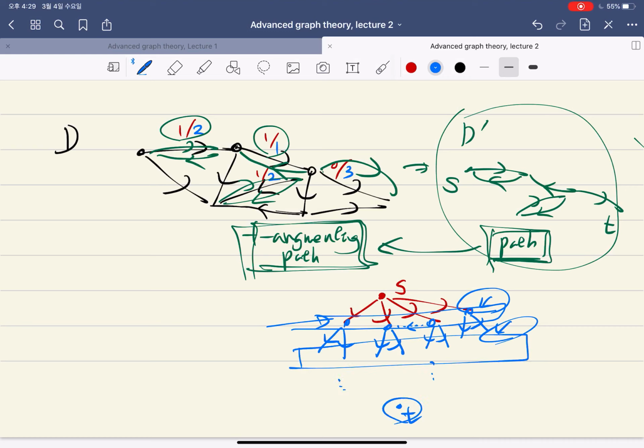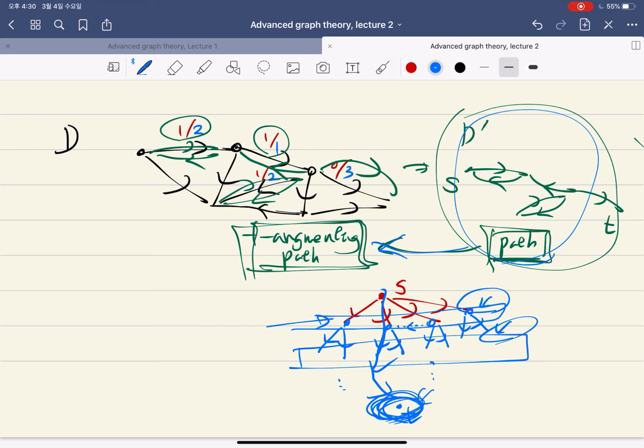And the first time you hit T, you automatically find the shortest path, because if there were a shorter path, you would have hit T before that moment. So if you hit T the first time, that gives you right away the shortest path in this directed graph, and that yields this F augmenting path.